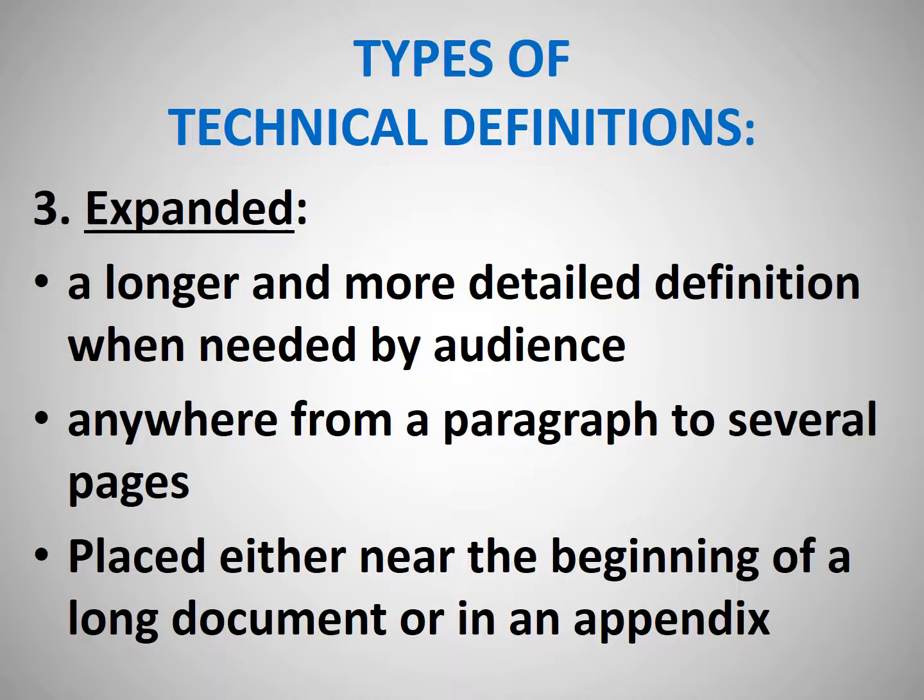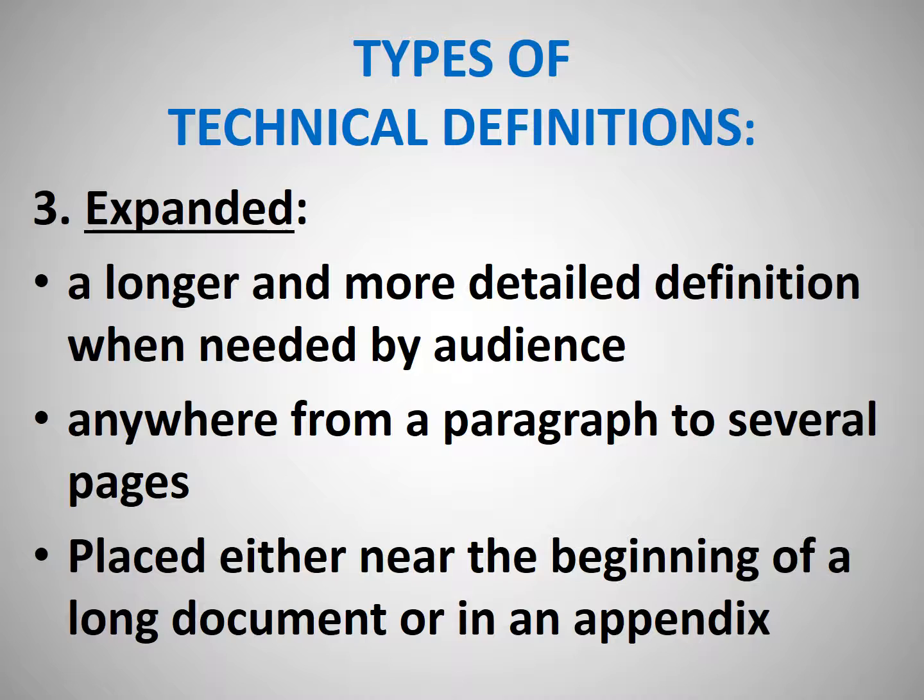Okay, now, the third type of definition we're going to look at, and spend a little more time with, is an expanded definition. An expanded definition is a longer and more detailed definition that we would be writing if we assume and know, hopefully, that our audience needs a lot more information from us in order to understand the term or the concept we're defining.